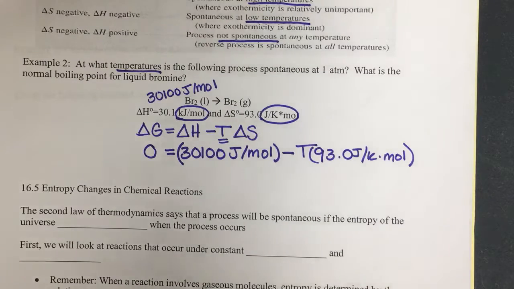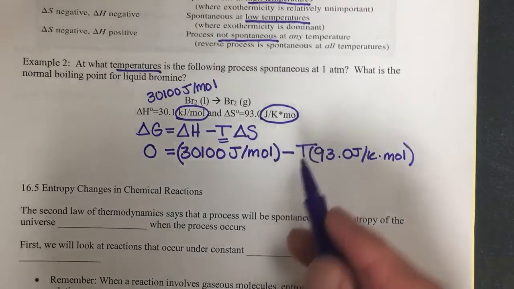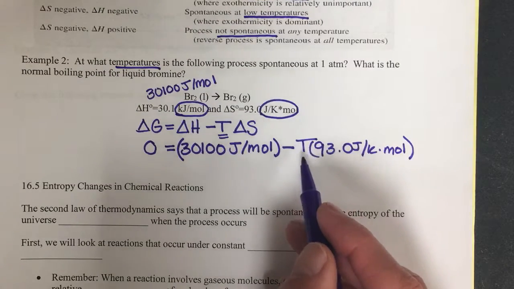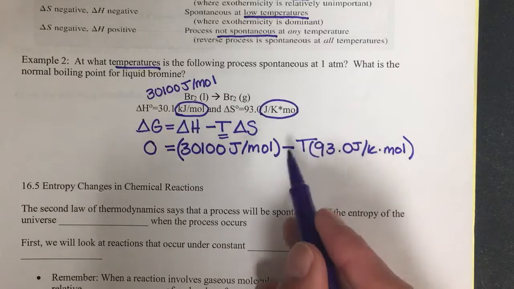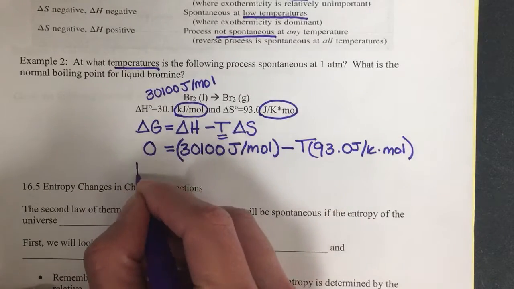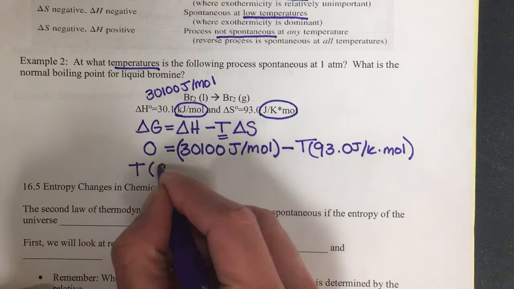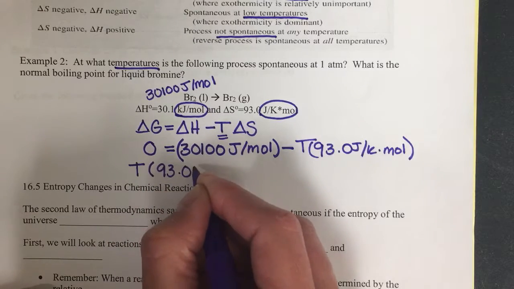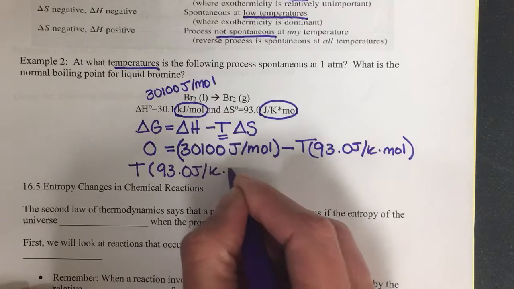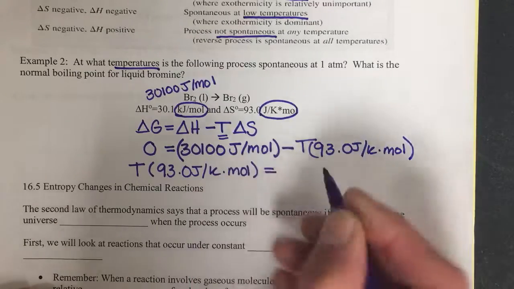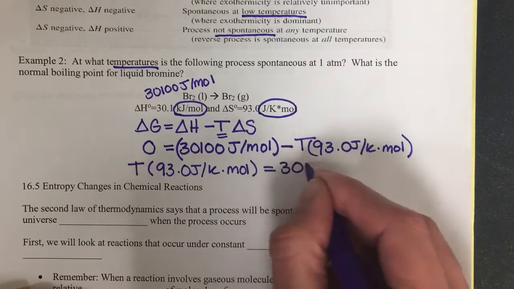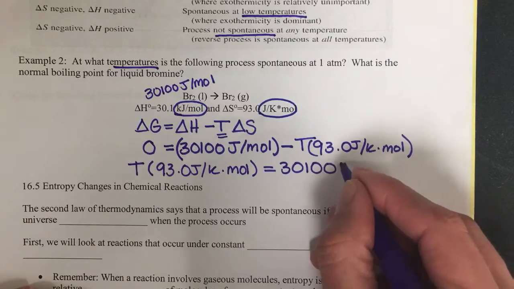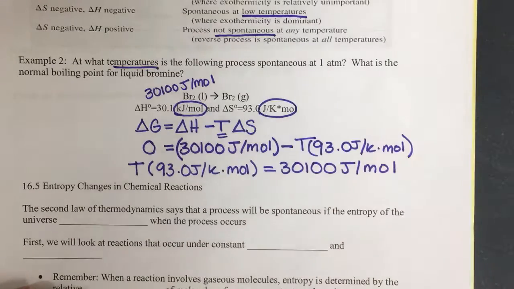Okay? So now I want to solve for T. Well, let's get T over to the other side. So I'm going to add this to both sides. So I've got T times 93.0 joules over K mole is equal to 30,100 joules over mole.